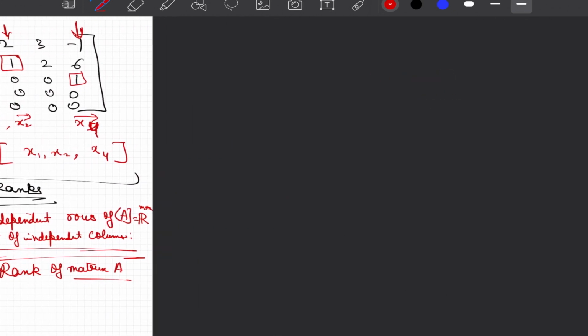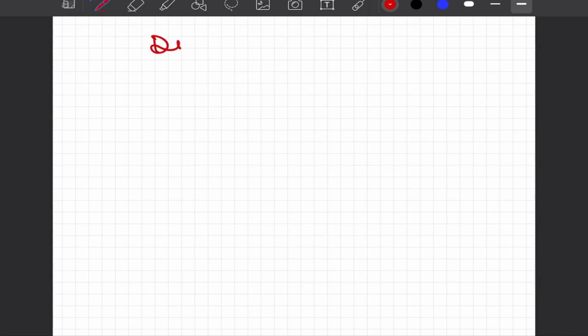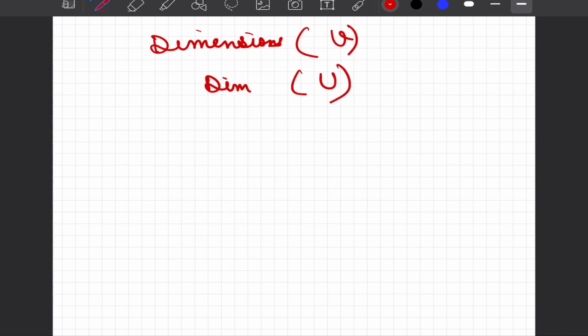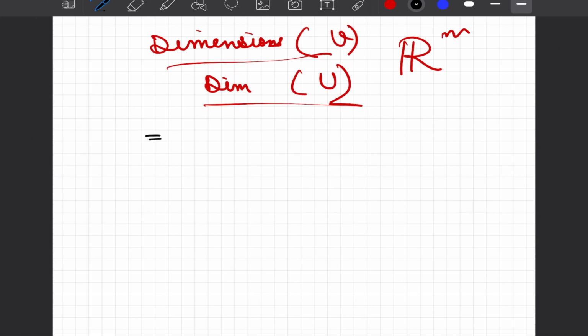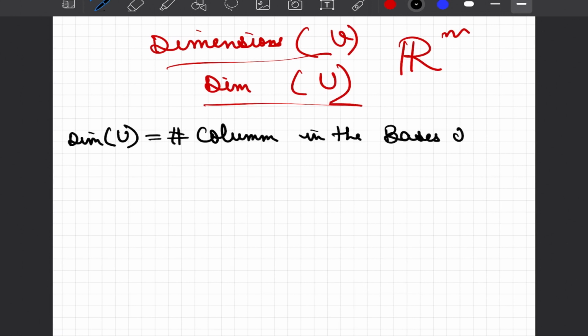Rank would help us determine the dimension of a given vector space or vector subspace. When we talk about dimensions, we have talked about an n-dimensional vector field. Here, in the context of machine learning, the dimension of a vector space is equal to the number of column vectors in the basis of the given vector space or subspace.